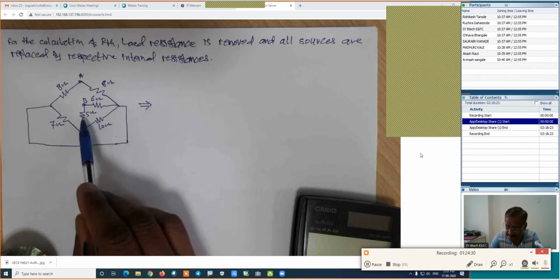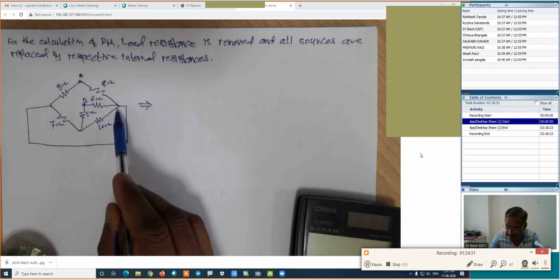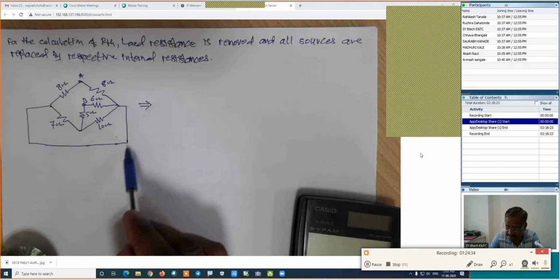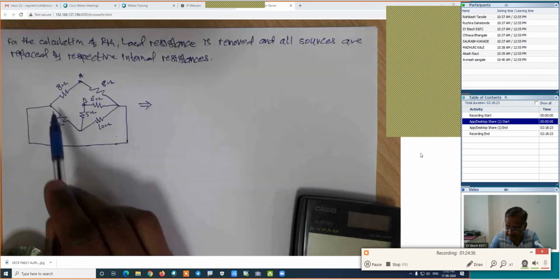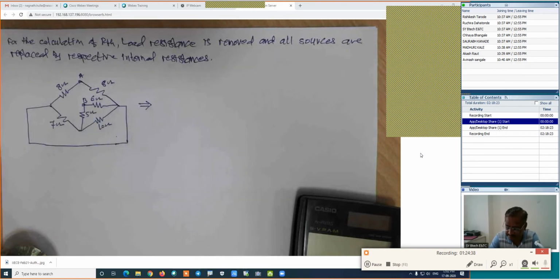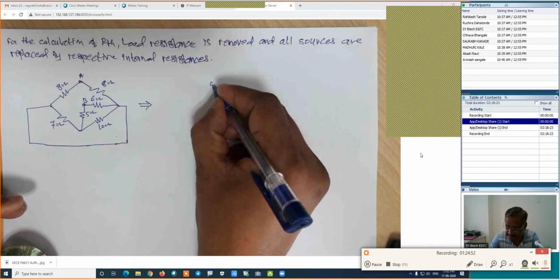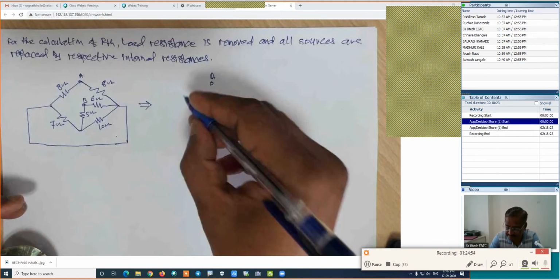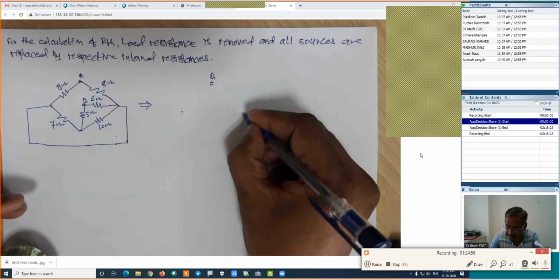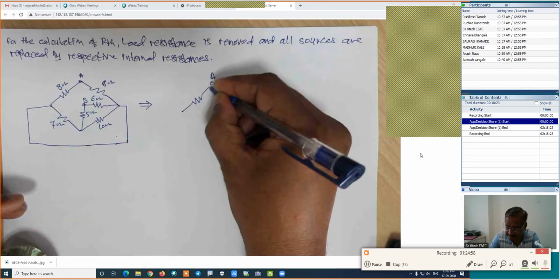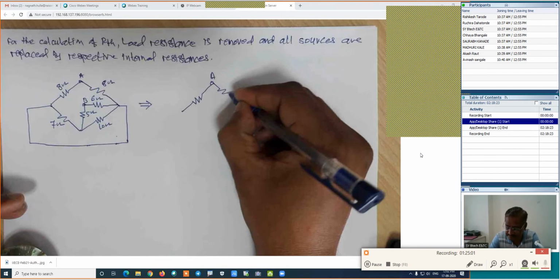This resistance will be somewhere here, this resistance will be somewhere here, and this connection which is from outside, I will put inside. Is it right? First, I will draw the figure. If anyone has any doubt, please raise a hand after completion of this figure. I will draw this figure. This is the A point. Here is one resistance. This is another resistance. Right?